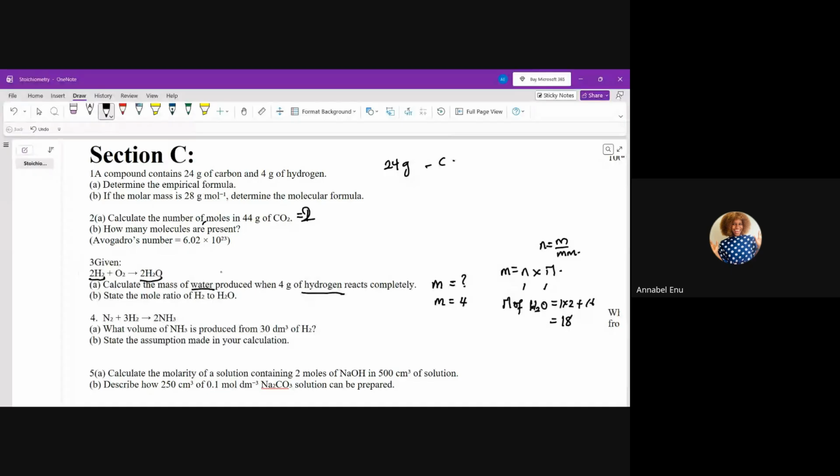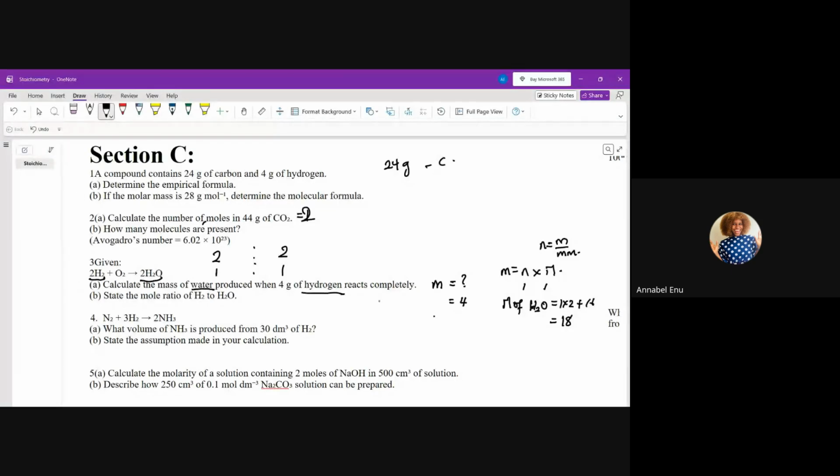Between hydrogen and water, 2 hydrogen gives us 2 water. So the ratio is 2:2, or simplified, 1:1. That is to say, for every 2 hydrogen, we will form 2 amounts of water. So for us to find the number of moles of water, remember this is the mass of hydrogen.